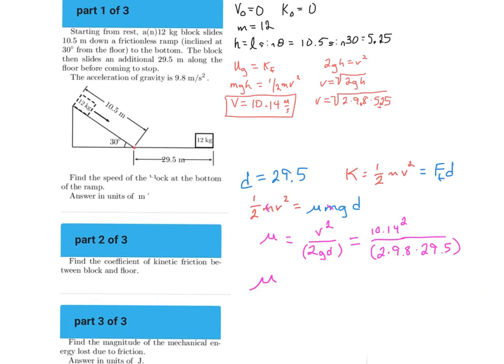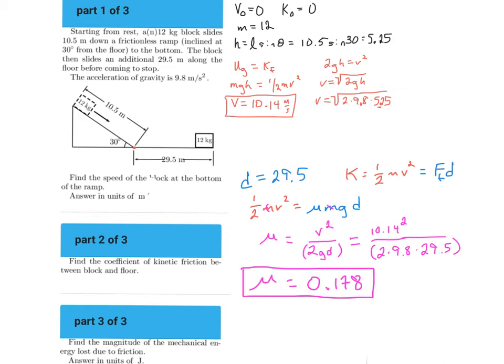So mu would be equal to 0.178. And that'll be our answer for the coefficient.